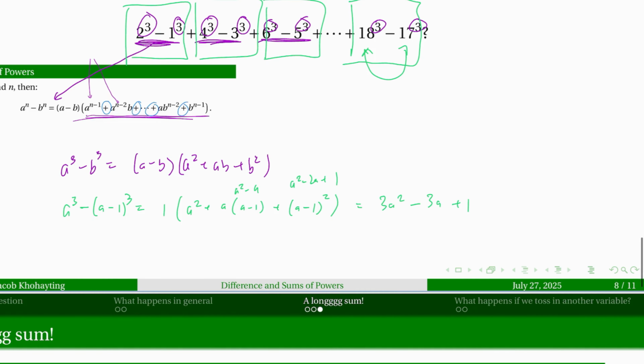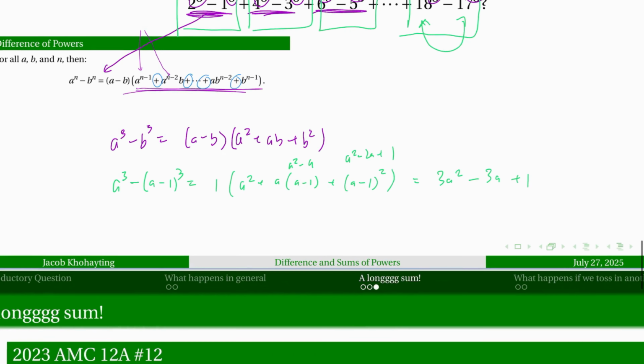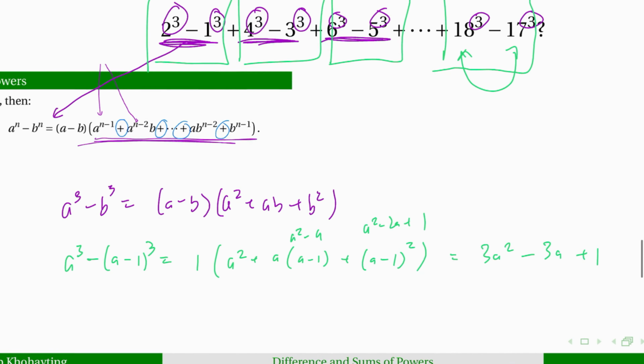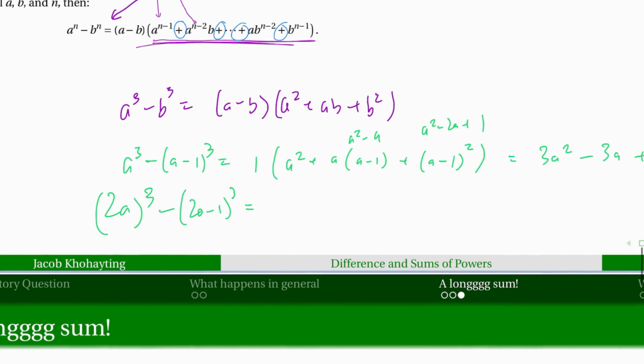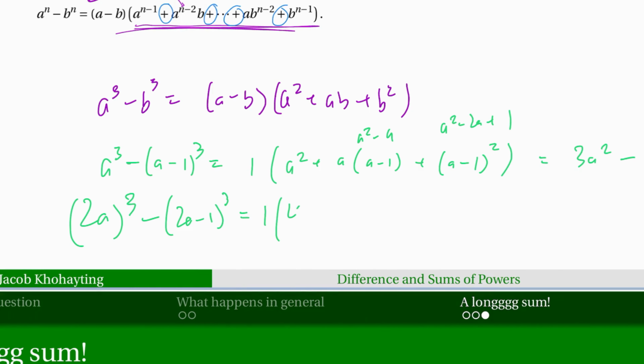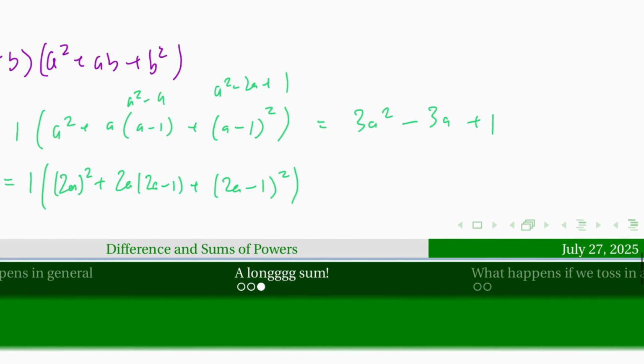Okay, cool. And in fact, we can further say that we want to find the sum of 2a cubed minus 2a minus 1 cubed, and that would be 1 times 4a squared, so that would be 2a squared plus 2a times 2a minus 1 plus 2a minus 1 squared.